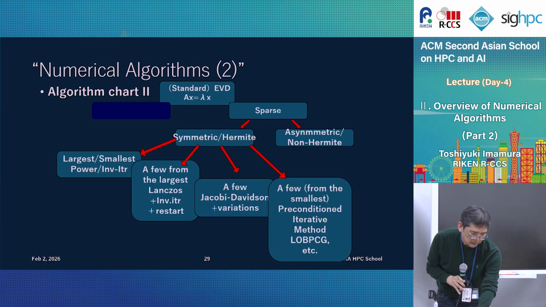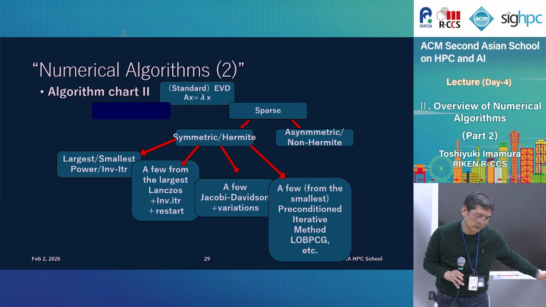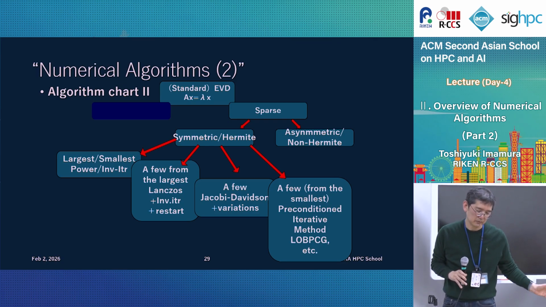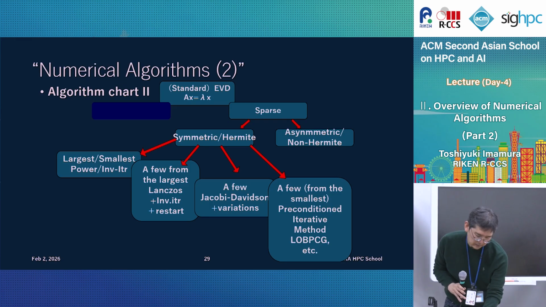For the sparse case, we don't usually solve all the eigenvalue and eigenvector pairs, just an interval, or a certain number from the largest or the smallest. These are the essential cases.